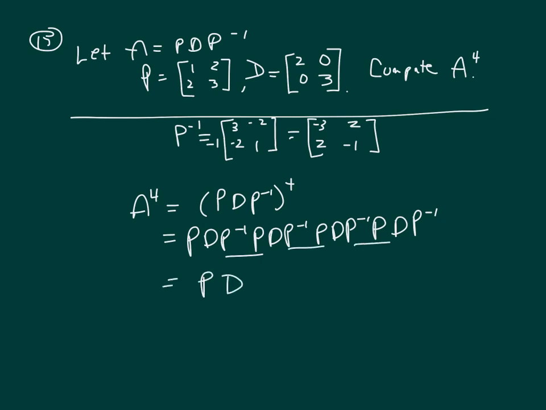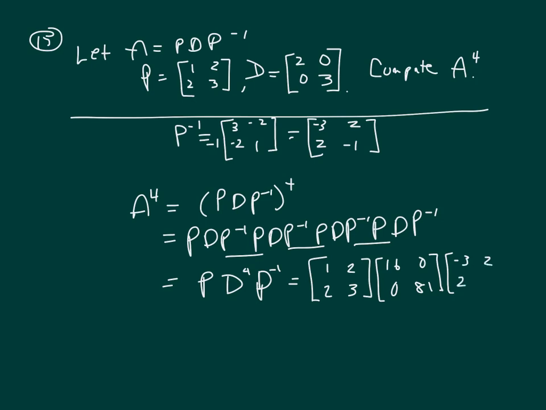So we end up with P times D to the fourth times P inverse. And then our D to the fourth would be 16, 0, 0, 81. And then our P inverse is negative 3, 2, 2, negative 1. So it's still kind of messy to find, but we can do it.